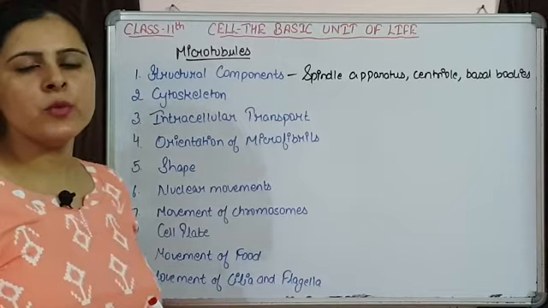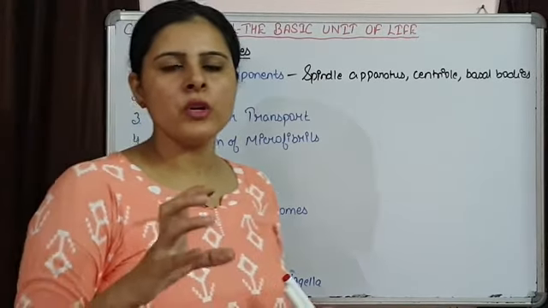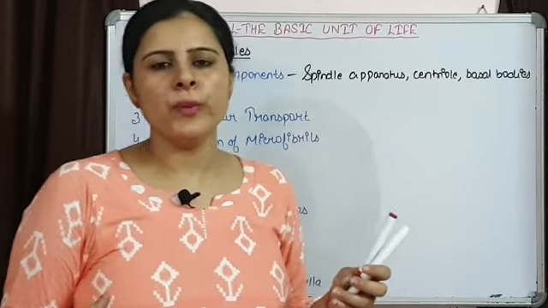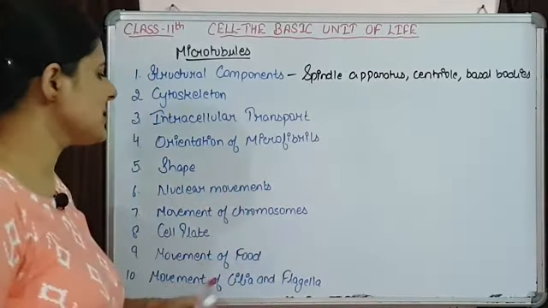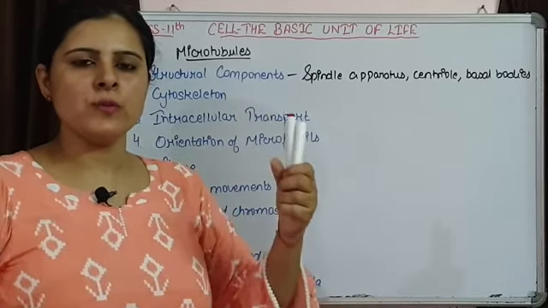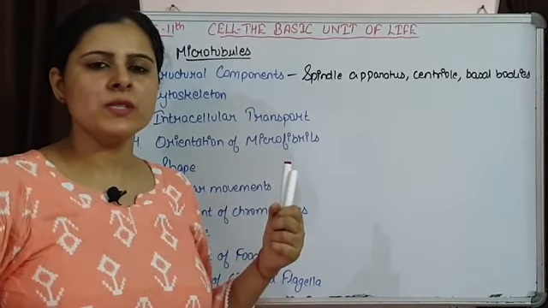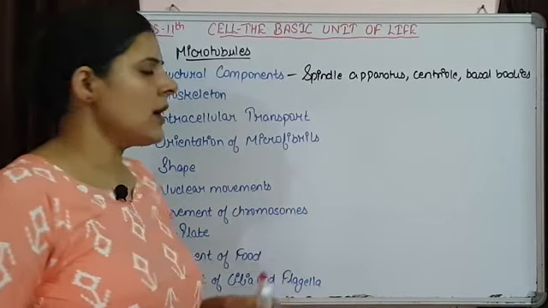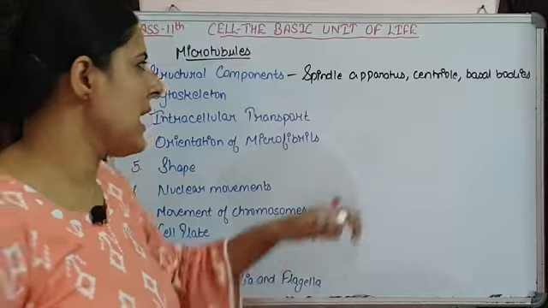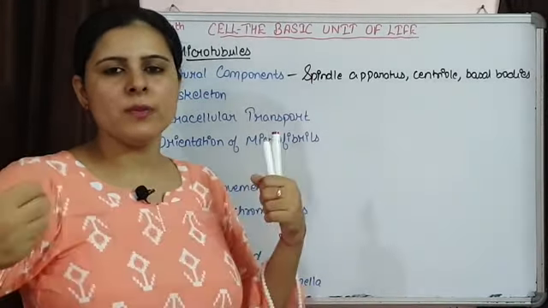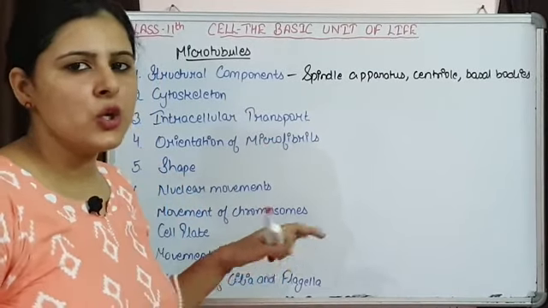Now nuclear movement also, they are involved in the movement of the nucleus when there is cell division. And during cell division, at the anaphase stage, the chromosomes are going to move apart from each other. In those also these microtubules are important because they are part of the spindle apparatus, and the spindle apparatus is responsible for the separation of these chromosomes.